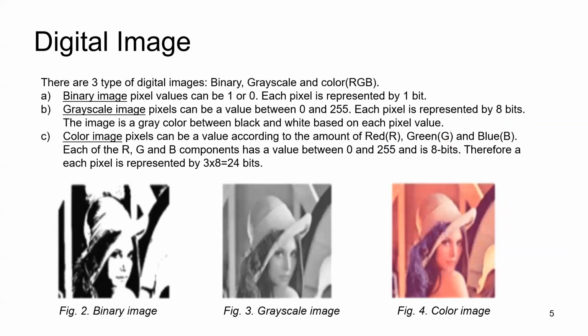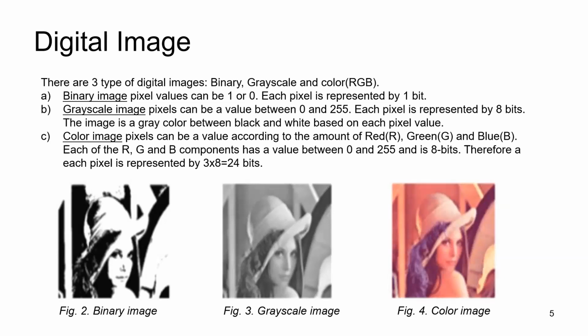These are the types of digital images: binary, grayscale, and color. Binary image is represented by 1 bit. It can be 1 or 0. Grayscale image pixels can be a value between 0 and 255. Each pixel is represented by 8 bits.